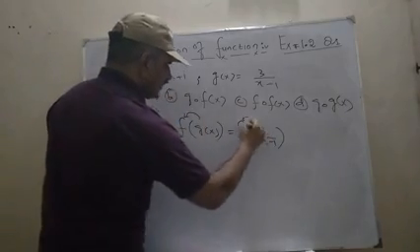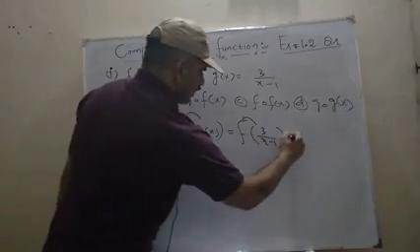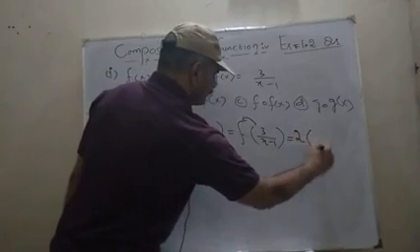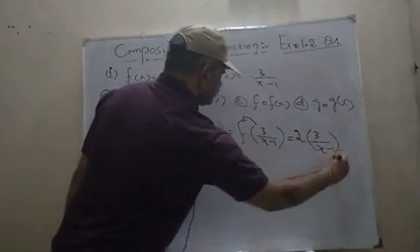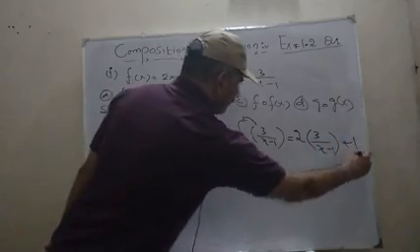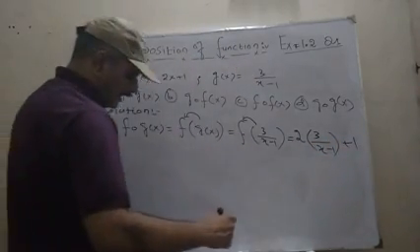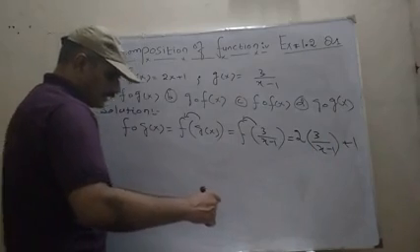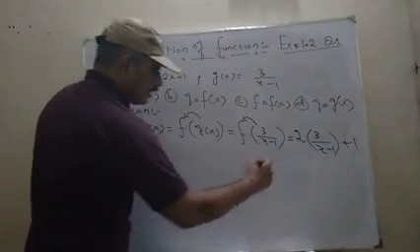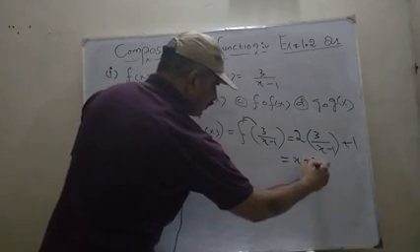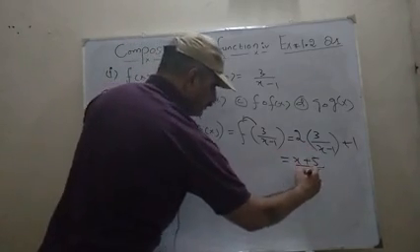The next step will be 2 times 3 over x minus 1 plus 1, and then simplify it. When you simplify it, you will get the final result, x plus 5 over x minus 1.